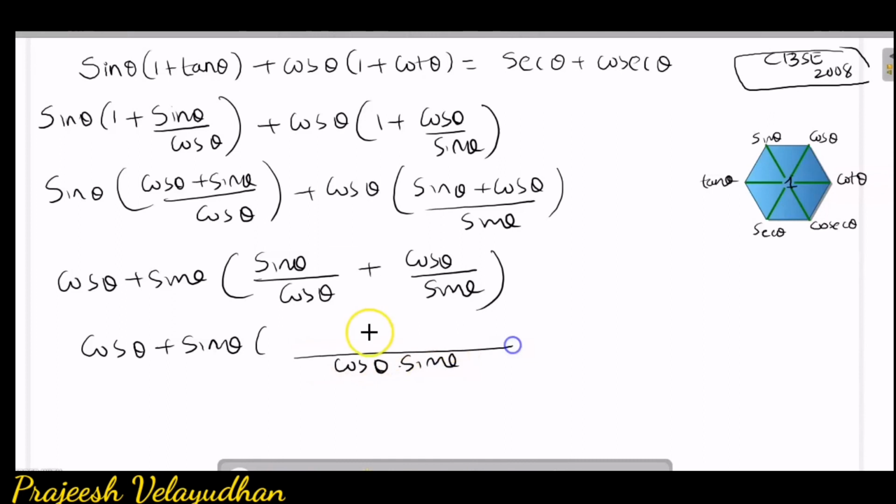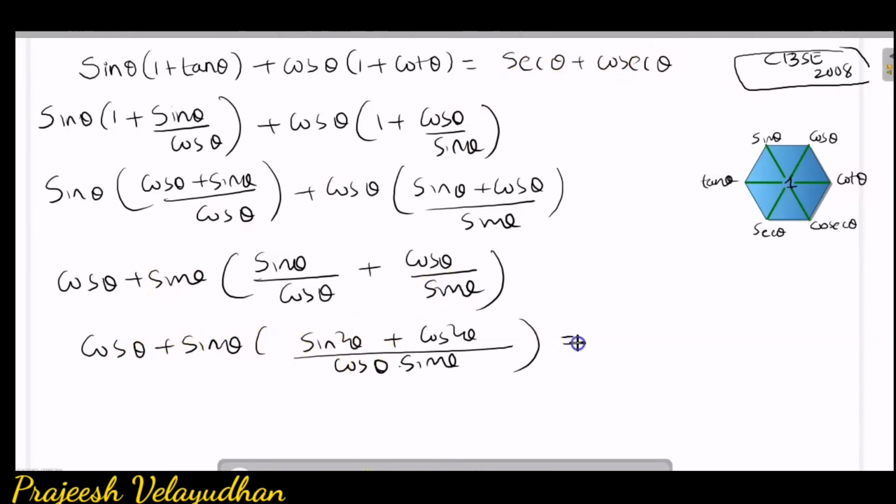Here we know it is sin square theta plus cos square theta. It's a very important thing. You don't go back to tan theta, because we don't want tan theta or cot theta here. We need sec and cosec. We know sec and cosec are the reciprocals of cos and sin. Already it is there, so here we can create it.